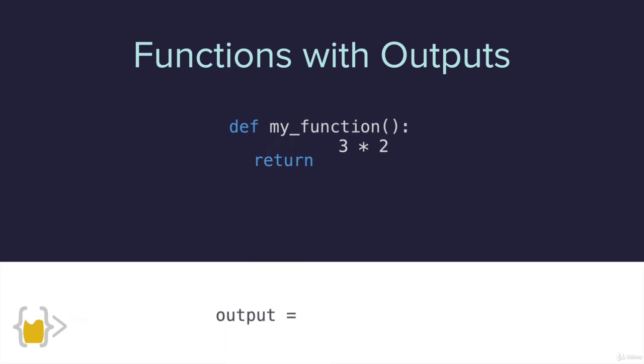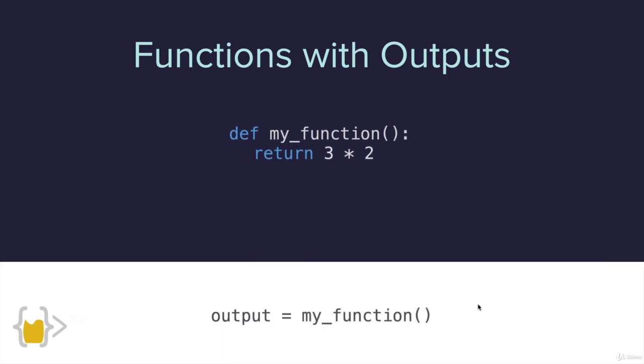So this is what the code might look like. Somewhere I would define my function which has an output, which you can tell by the return keyword. Now, at some other point in my code, I decide to call that function. And once that function executes, that return, or whatever is outputted, replaces the function call. And at the very end, it means this variable output will store whatever the output is. So in this case, output would be equal to 6.